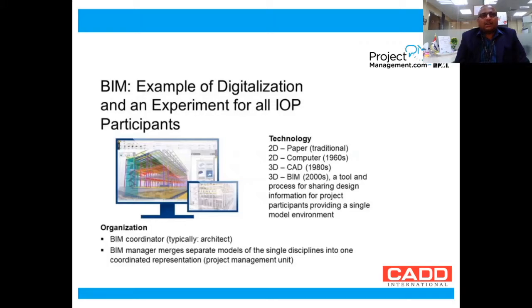And in the early 20th century, I mean the late 20th century, the idea of BIM slightly started to get implemented. BIM is a tool and a process for sharing design information among project participants, providing a single model environment, and it has brought a very good change in the industry.